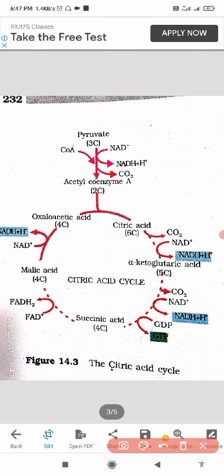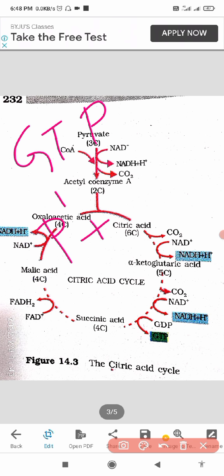This GTP is an emergency bond of the energy. It will not be utilized by the plant body or animal body. It will be utilized to combine a phosphate molecule with ADP, adenosine diphosphate, which are running in the free form.